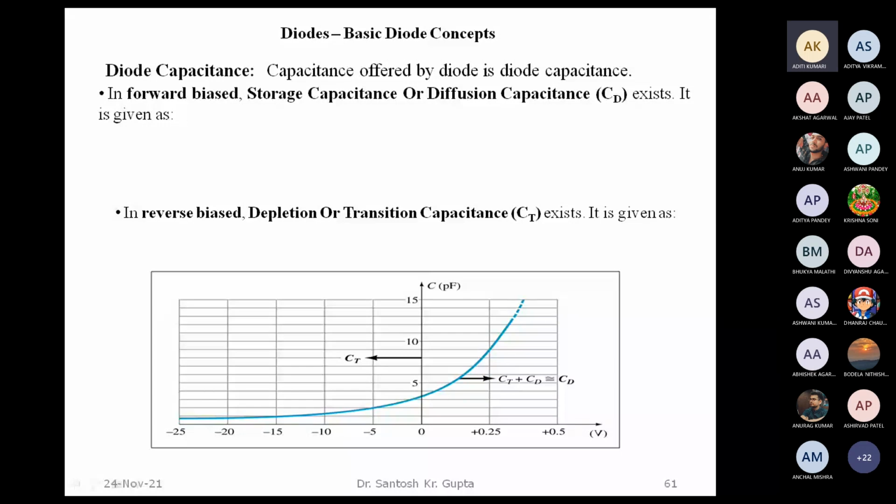On the right side of the vertical axis, we can see that the total capacitance is CT plus CD, but in the forward bias case, the diffusion capacitance is very, very large as compared to the transition capacitance. That's why almost only the diffusion capacitance is shown.